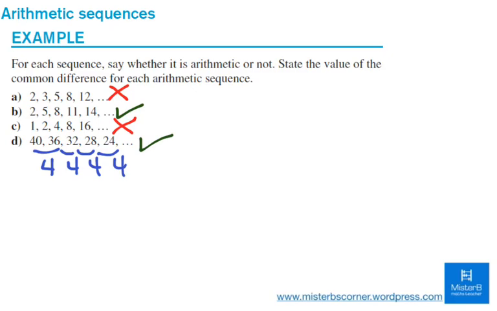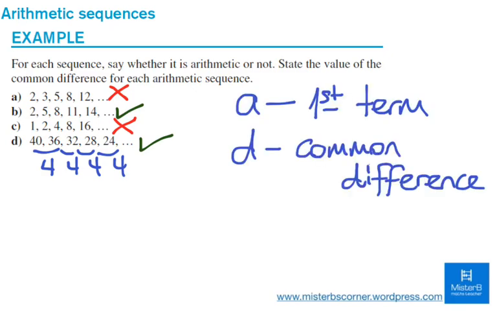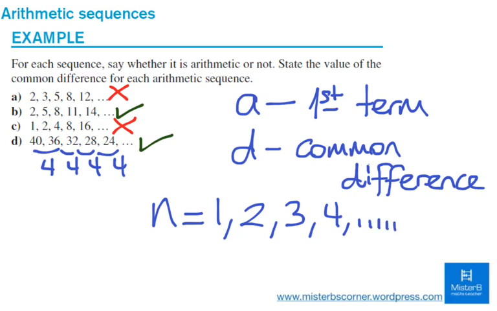In an arithmetic sequence, we call the first term A, and we call the common difference D. So, keeping in mind that n is the rank of the terms, so I use 1, 2, 3, 4, those consecutive numbers as the number of terms.